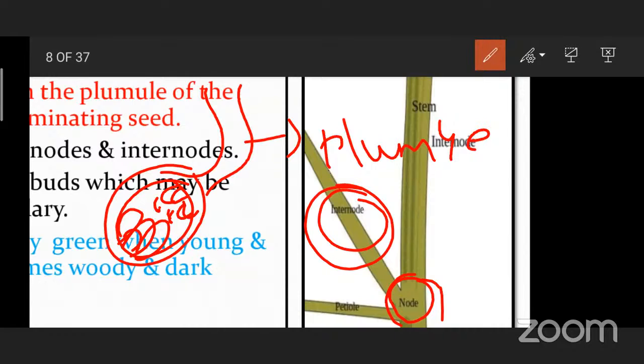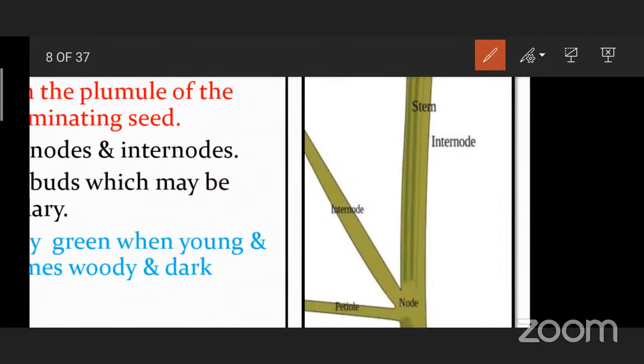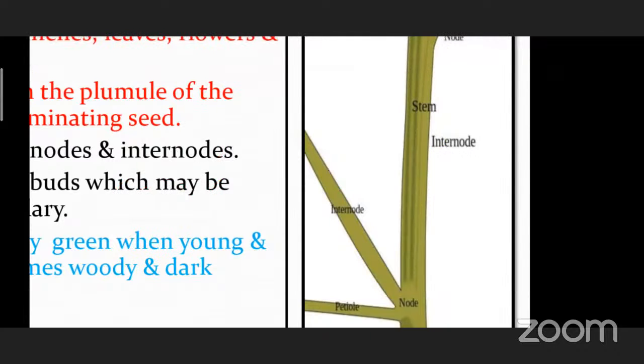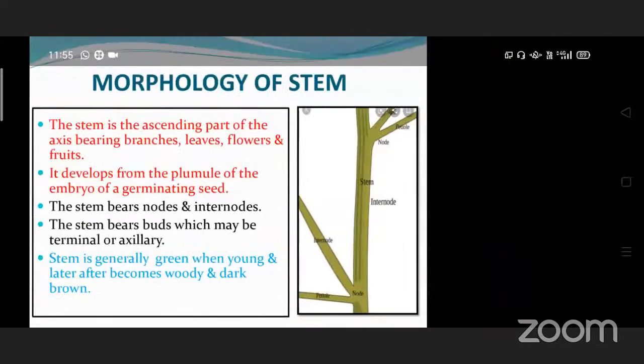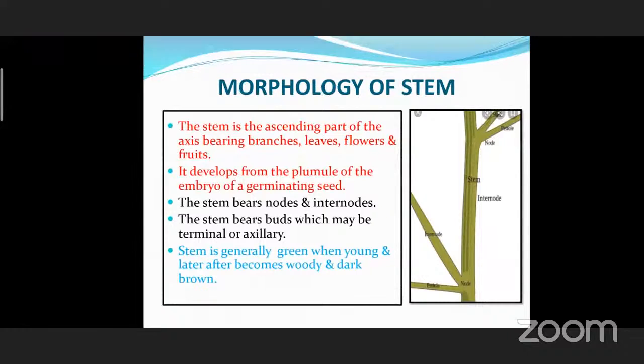The stem bears buds which may be in terminal or axillary position. Stem is generally green in color when young, later it becomes woody and dark brown in color. This is the stem, developed from the plumule of the embryo of a germinating seed.